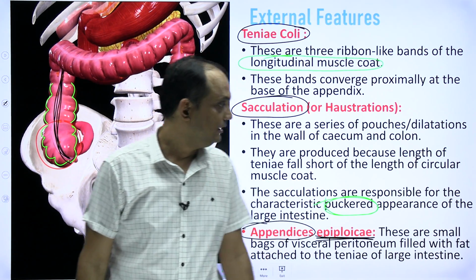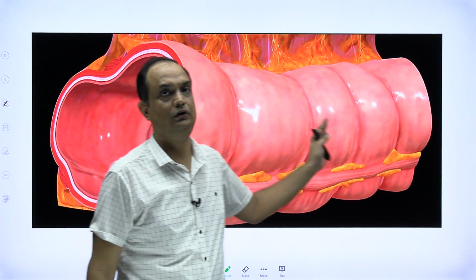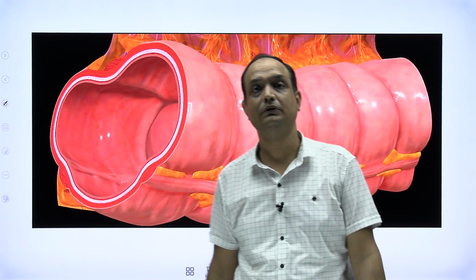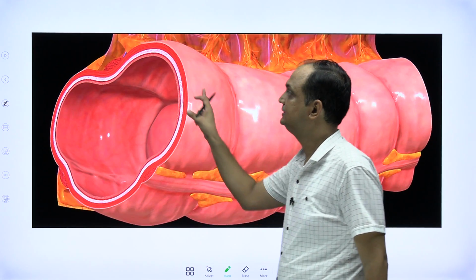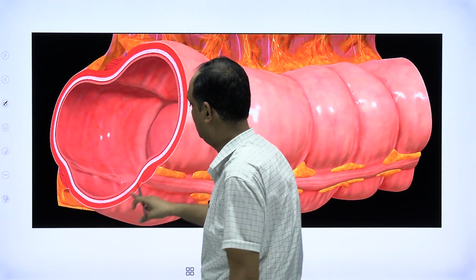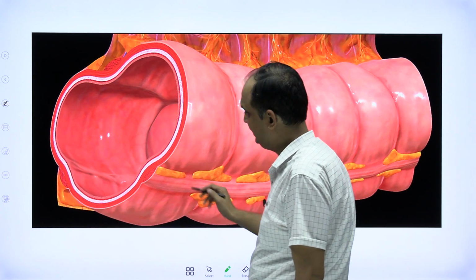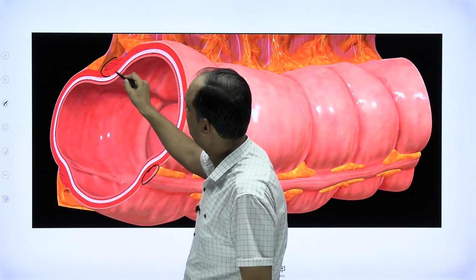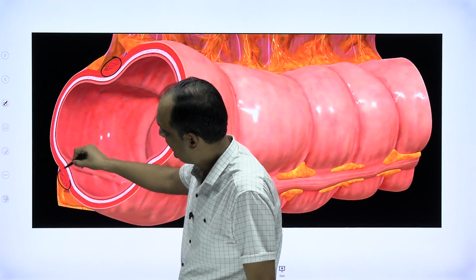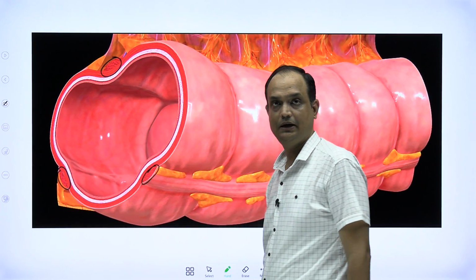Clear? Now this is the cut part of the colon, and you have a very enlarged view. In the circumference of your colon, on the outer side, you will find at three places collections of longitudinal muscle, and these are the positions of the teniae.